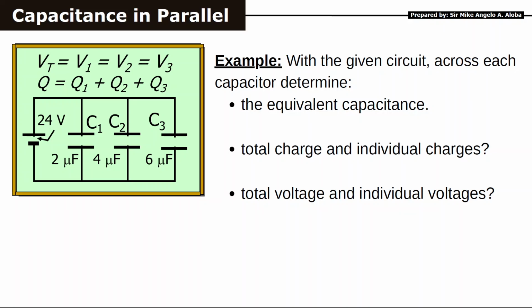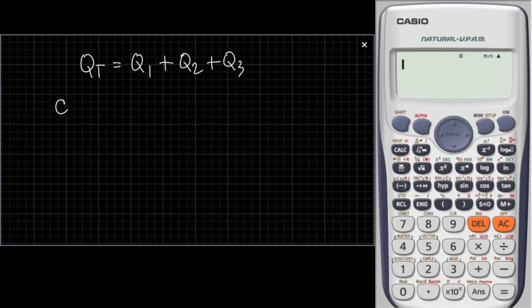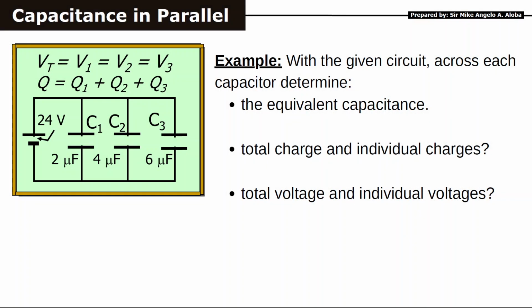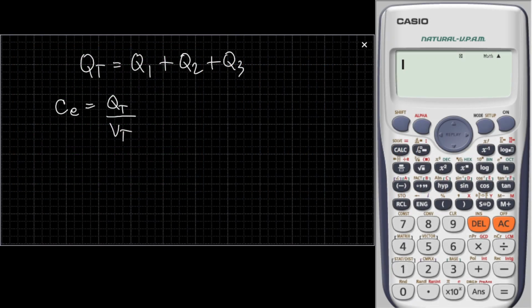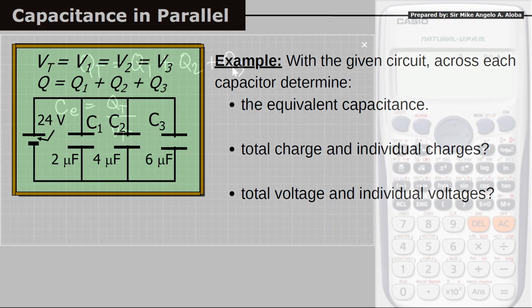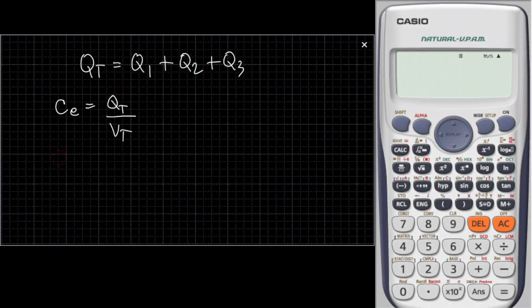So, how do we get the total charge? Remember that the equivalent capacitance is equal to QT over VT. So, do we know the total voltage? Yes. It's still 24 volts. Okay? Yung source natin na battery. And so, here, isolating Q, because we are looking for QT, to get the total charge, QT is equal to CE times VT.